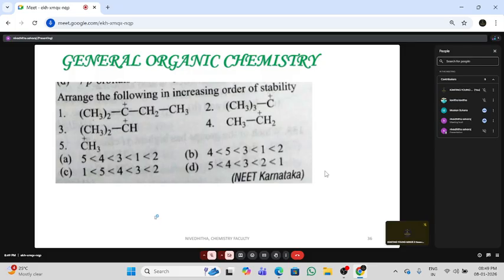They're asking us to arrange these carbocations in terms of stability. B option, ma'am, second option. Okay, we'll check.